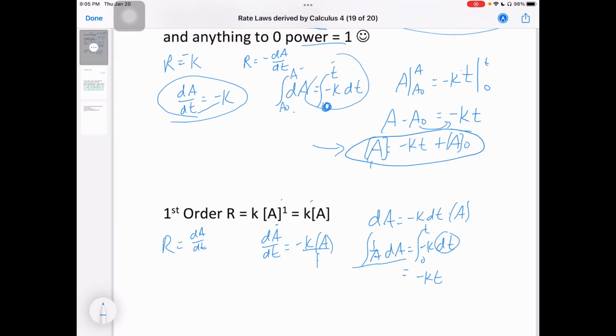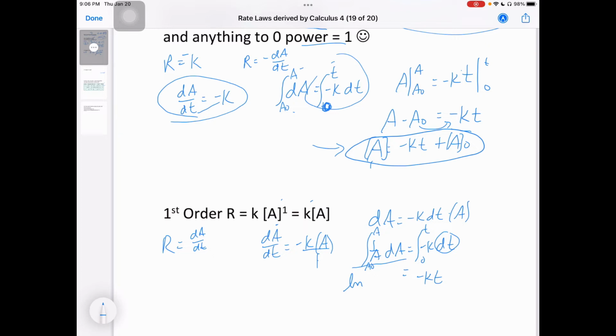So if you know a little bit of calculus, you know that the derivative of natural log is 1 over. Therefore, the integral of 1 over is natural log. So I'm going to say, going from a0 to a, integrate 1 over a equals ln evaluated from a to a0.